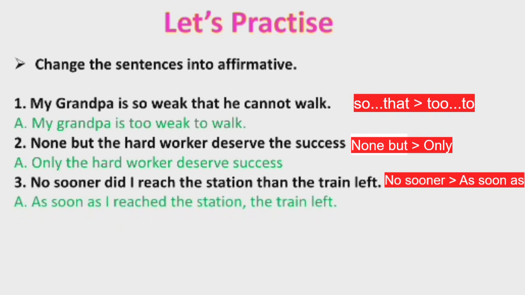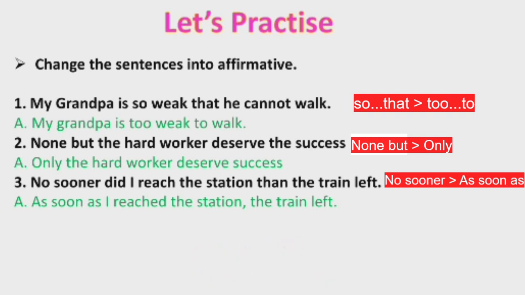Again there can be a question in your mind that in the question I have used "did" and V1 "reach", but in the answer I have used the V2 form "reached". Why so? The reason is the same as I have discussed earlier, that in a negative sentence, if it is simple past, we have to use "did", and with "did" we always use V1. But in an affirmative sentence, in simple past tense, the verb is always in V2 form.